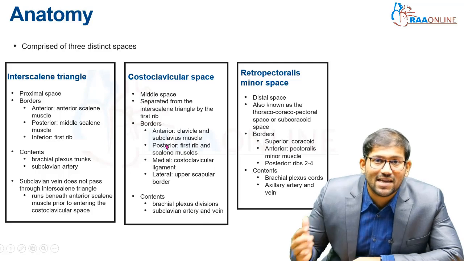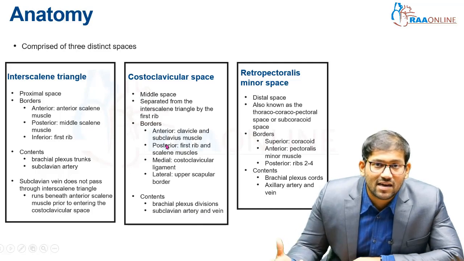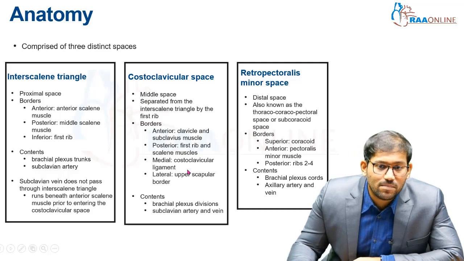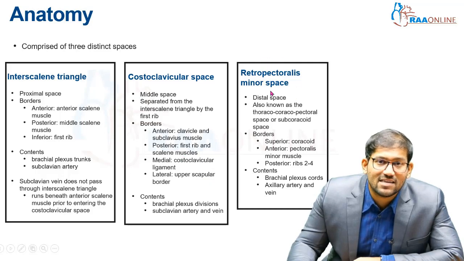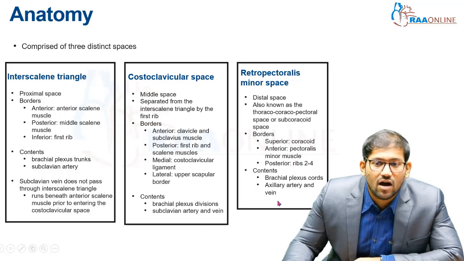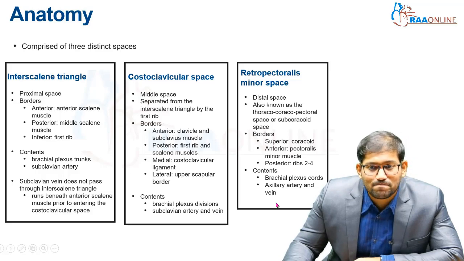It is just behind your subclavius muscle. The other important border you need to know is your subclavius over here, whereas the retropectoralis minor space is just behind the pectoralis minor muscle and between your second, third and fourth ribs. What is here is the axillary artery and vein along with the brachial plexus.